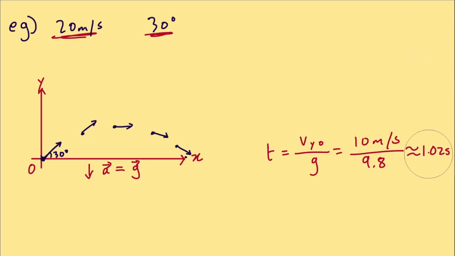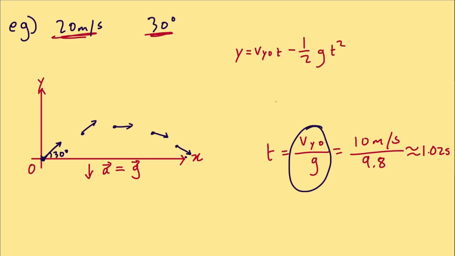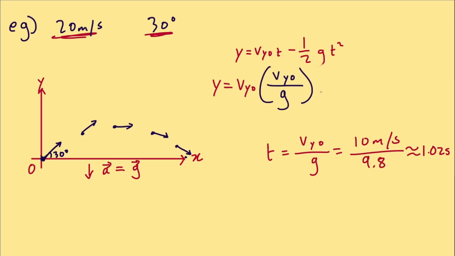Let's use one of our original kinematic equations: y equals v y0 t minus 1 over 2 g t squared. Let's substitute this for t, and you end up with y equals v y0 times v y0 over g minus 1 over 2 g times v y0 squared over g squared.